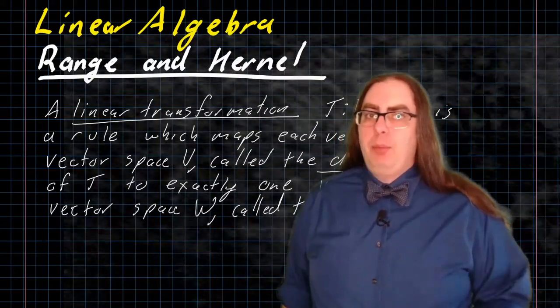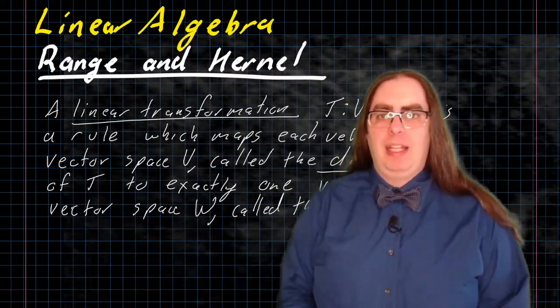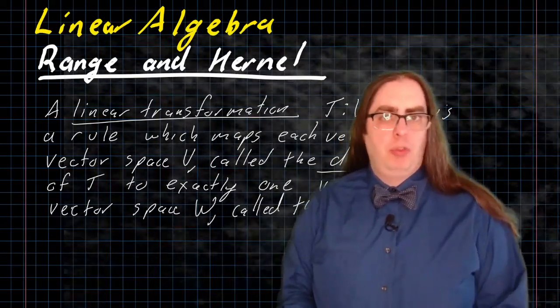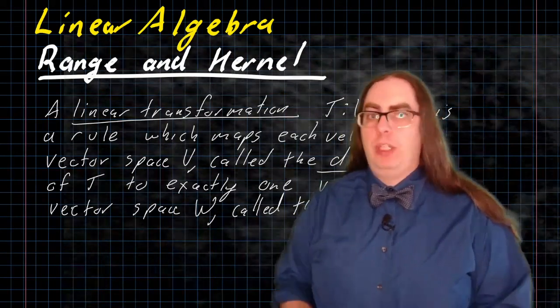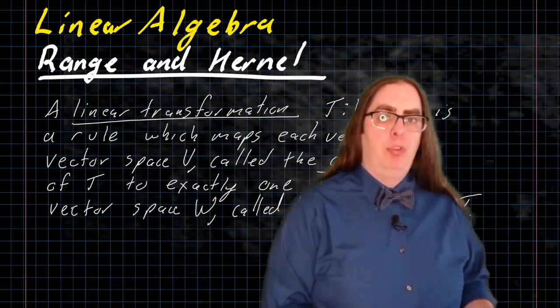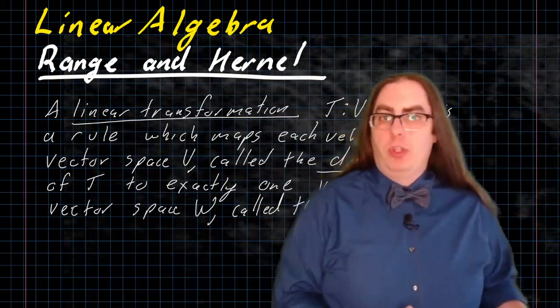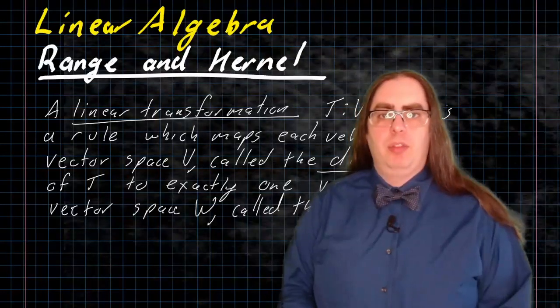But being able to talk broadly about the type of vector that we end up with is very useful. Talking about a transformation that maps to the three-dimensional Euclidean vectors, or a transformation that maps to the fourth degree polynomials, are two very different kinds of transformations.